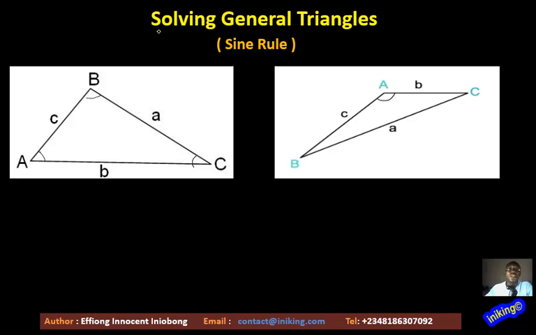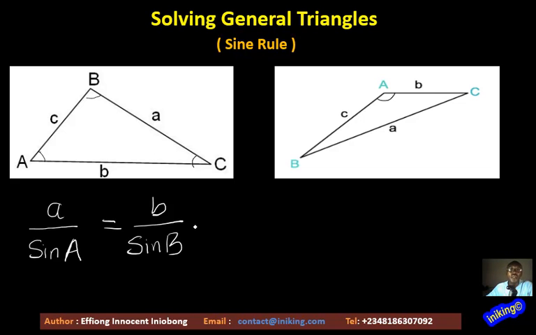The sine rule simply states that the ratio of a side to the sine of the opposite angle, let's say I take the side labeled a, the length of that side divided by the sine of the angle facing that side, in this case angle A, will be the same thing if I take any other side, say b, and divide by the sine of the angle facing that side, angle B, or even side c, divided by the sine of angle C, which is facing side c.